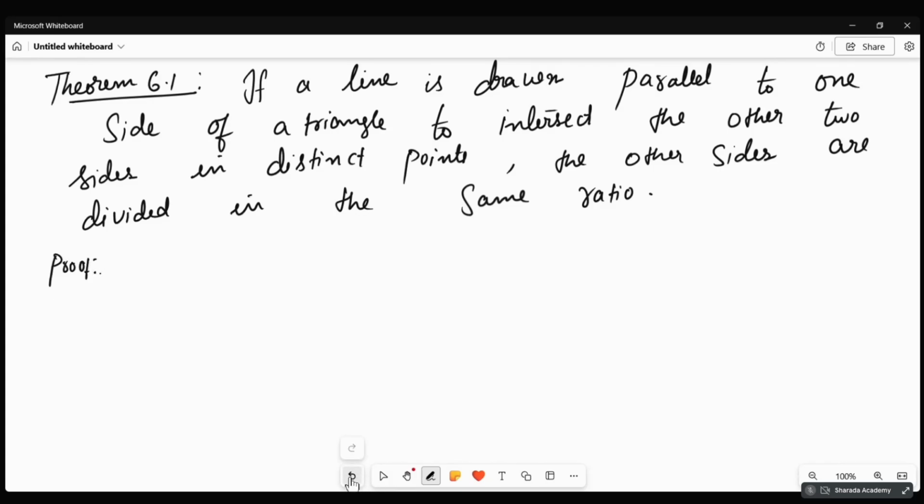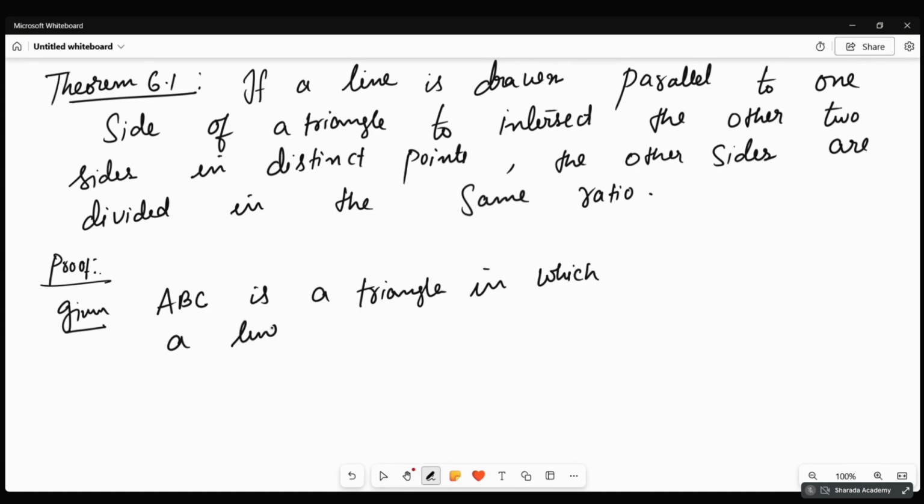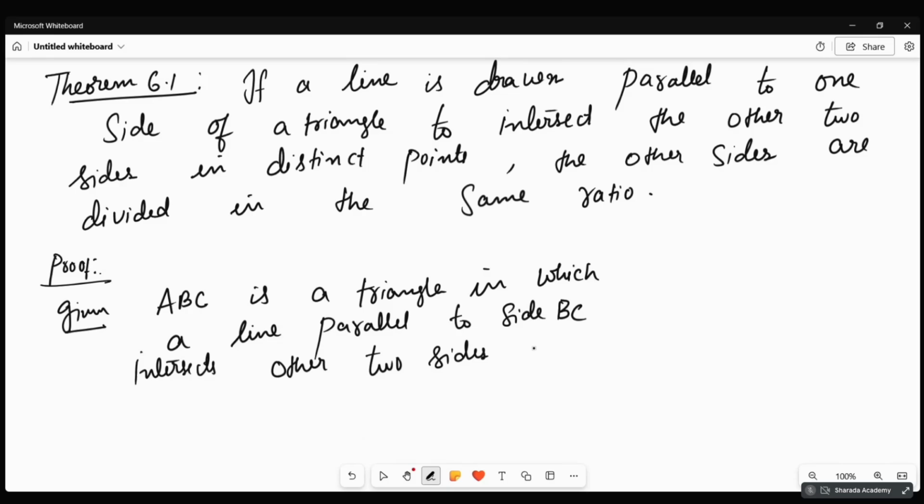First, what is given? ABC is a triangle in which a line parallel to side BC intersects the other two sides AB and AC at D and E respectively.